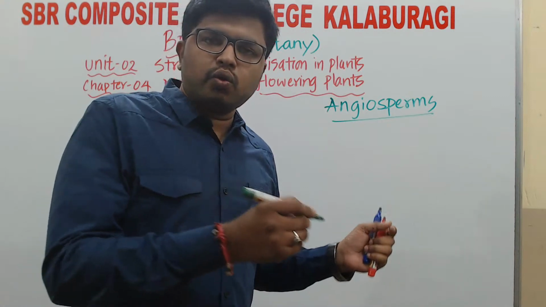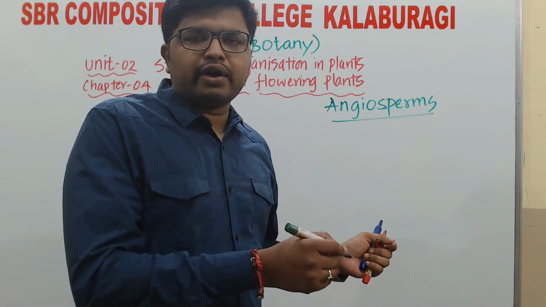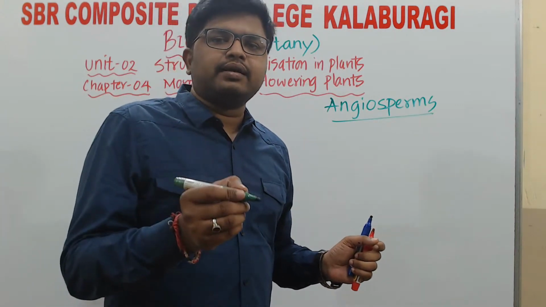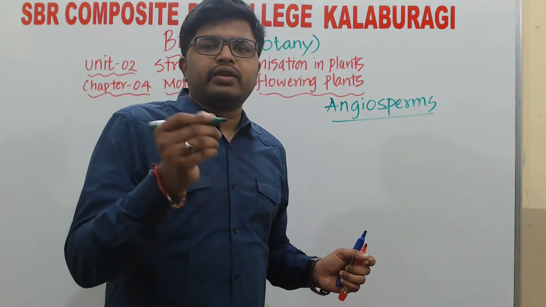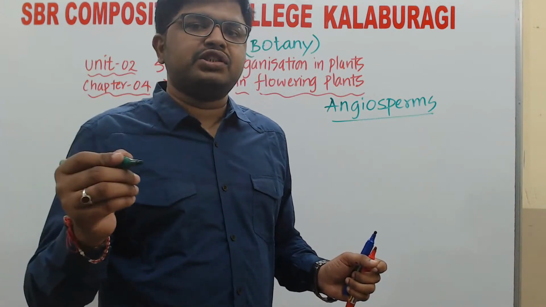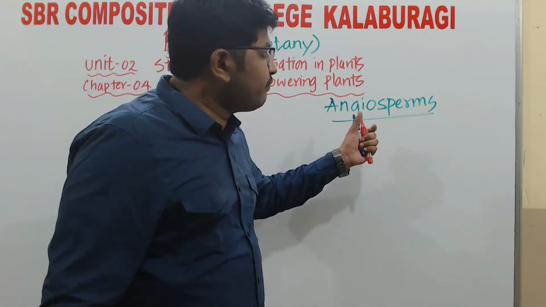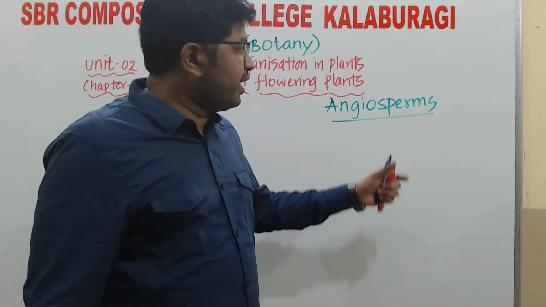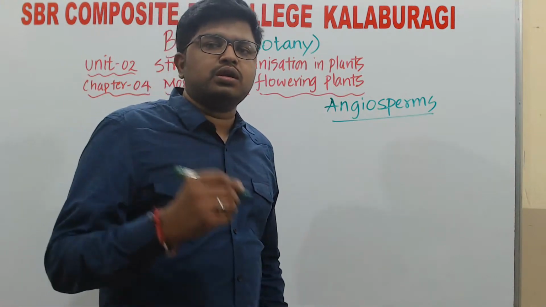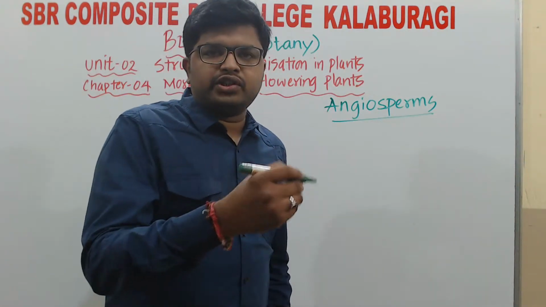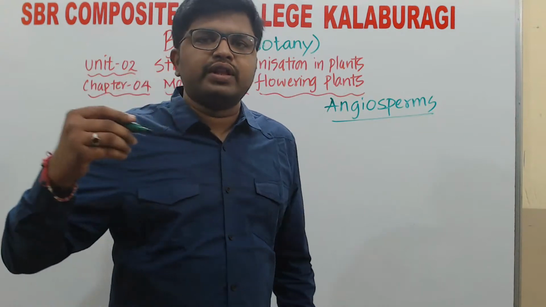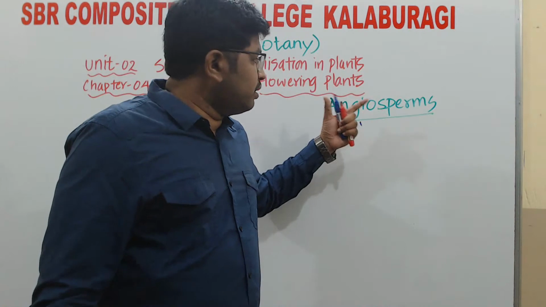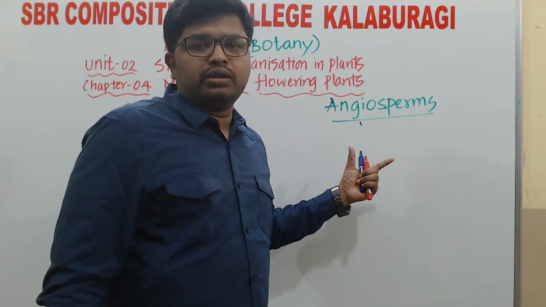Until now, with the lower plants you have studied, like algae, bryophytes, pteridophytes, as well as the gymnosperms, you have seen that they carry out reproduction with the help of abiotic agencies such as wind or water. But in flowering plants, you will see a specialized event called pollination, where the angiosperms use organisms such as animals, birds, or even insects for pollination so that they can successfully reproduce, right?